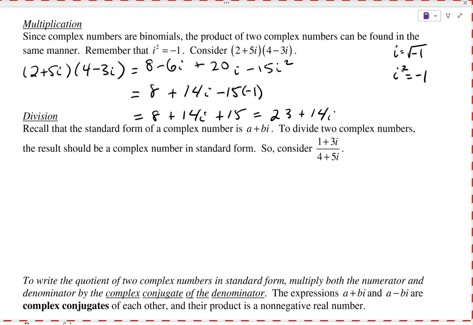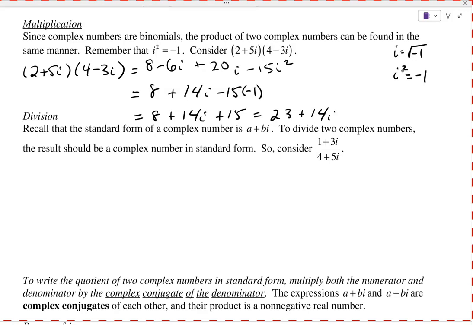Remember again, last time we talked about putting a complex number in standard form. Standard form said the real piece came first, so we would write the 23 first in this case. The imaginary part came second, so that's why we write the plus 14i on the end. That's standard form.